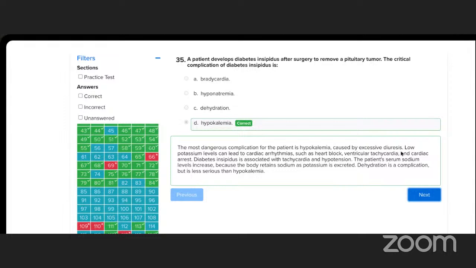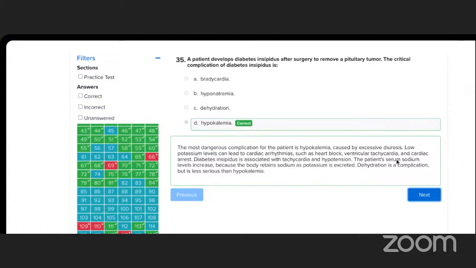Low potassium levels lead to cardiac arrhythmia, such as heart block, ventricular tachycardia, and cardiac arrest. Diabetes insipidus is associated with tachycardia and hypotension. So just make note of that. This will also increase heart rate and lower blood pressure.